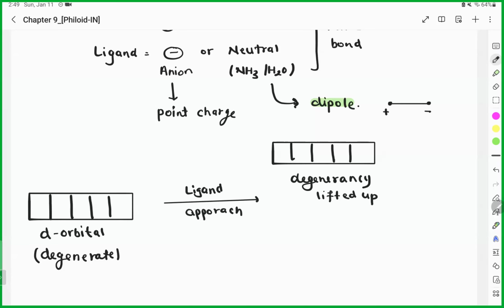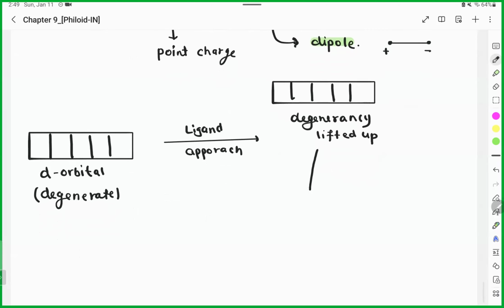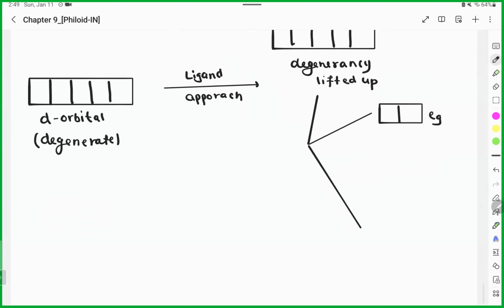Okay. And ultimately, because of the high energy, these orbital will break into two levels. One into two orbital known as EG, and second into three orbital known as T2G.